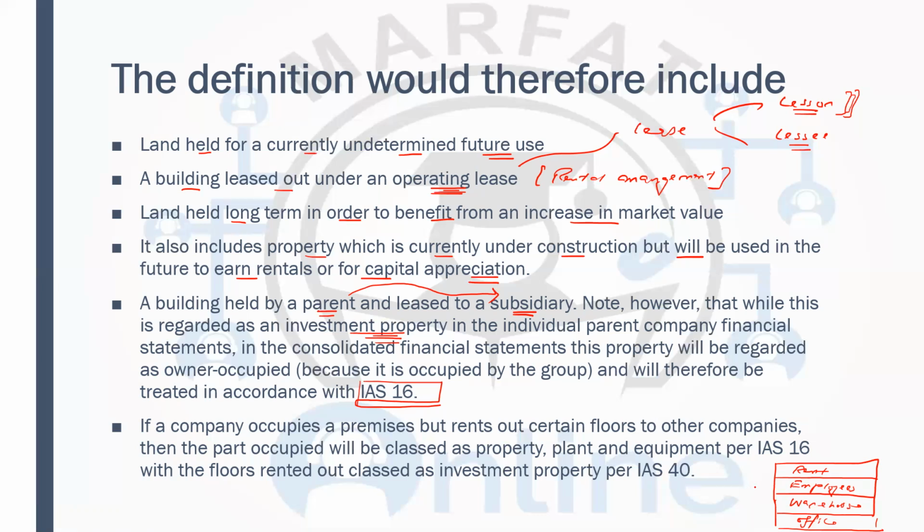Again, it's business use. So these first 3 floors should be recorded under IAS 16. Now the fourth floor is given on rent. And we know the building is a property, so a part of the building is given on rent. This should be classified under IAS 40.